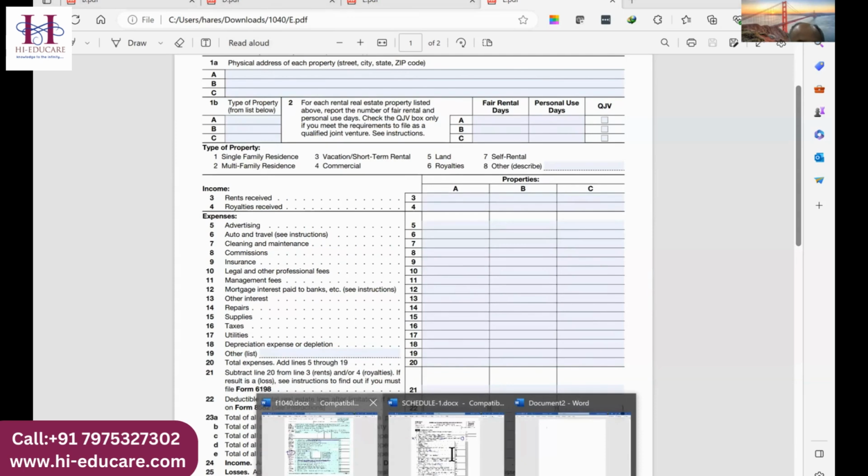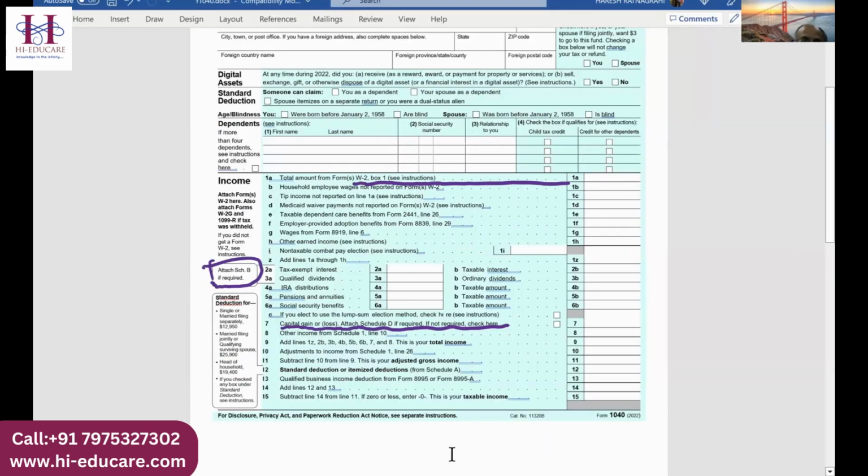You can see the 1040 here. So W2 is directly flowing, the amount is flowing to 1040 directly. You can see W2. Then Schedule B, you can see that, right? And Schedule D. So Schedule B, D, and W2, these 3 things are flowing from the form number, right?